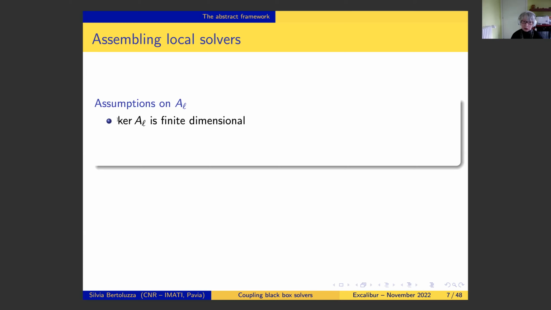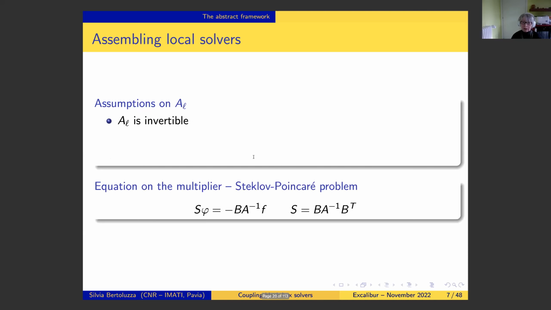You assume that the kernel is finite dimensional and that it is equal to the kernel of its adjoint, and the local linear operators are coercive on the orthogonal complement to the kernel in the local Hilbert spaces. Okay, to simplify, let's assume something stronger, that all AL are invertible.